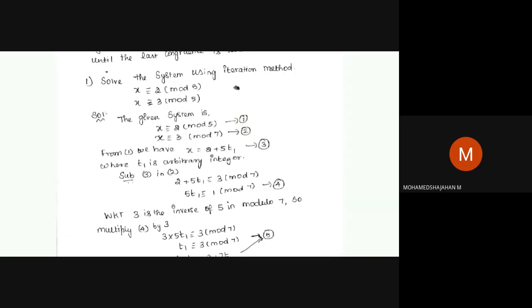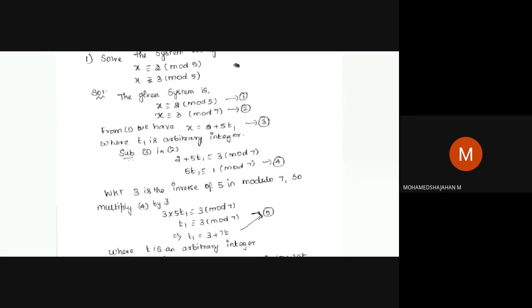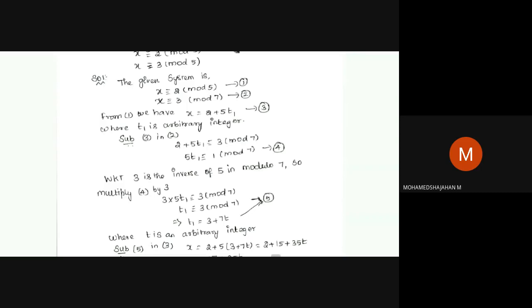Now 5t1 will be kept on the left hand side, so 2 goes to the right hand side. So 3 minus 2, 1. So 5t1 congruent to 1 mod 7. So we know that 3 is the inverse of 5 in mod 7.